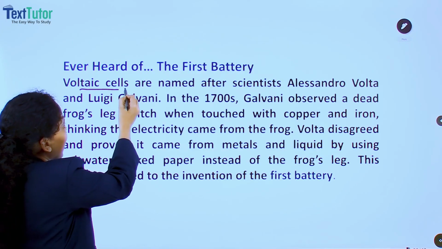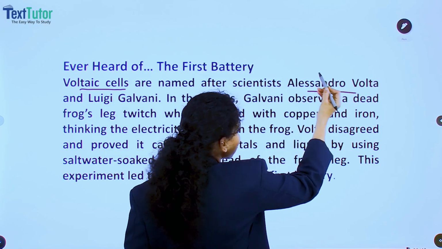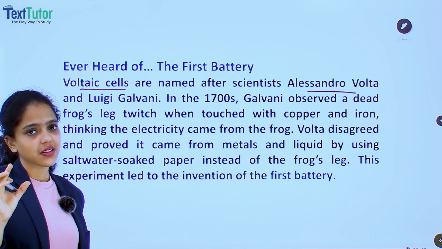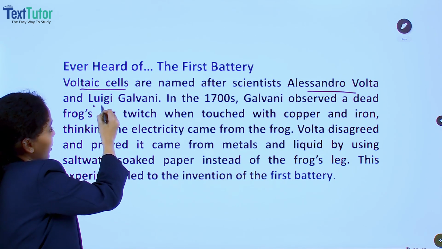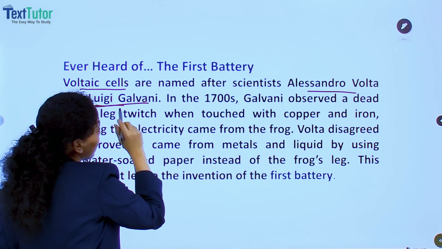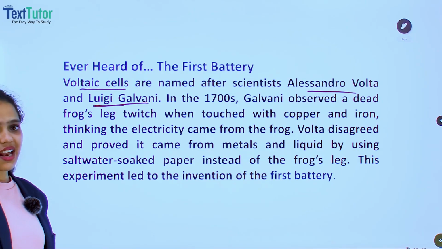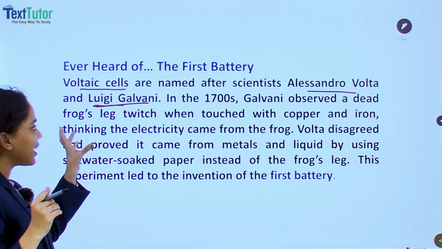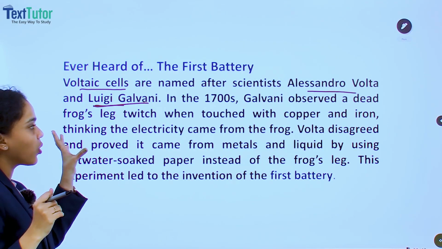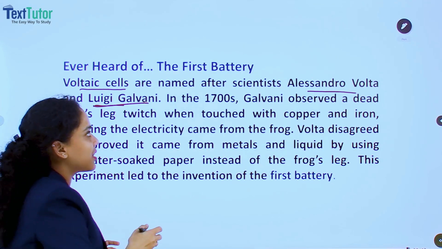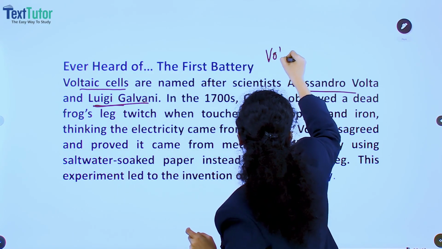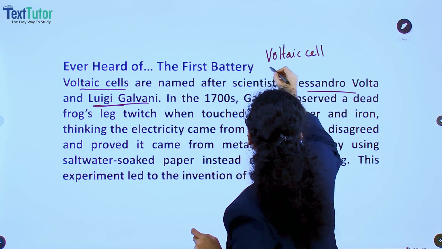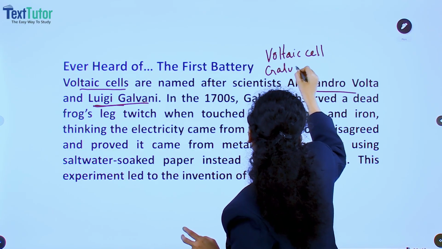So voltaic cells are named after the scientist Alessandro Volta. ആ വോൾട്ട എന്നുള്ള വേർഡ് നിന്നാണ് വോൾട്ടായിക് സെൽ എന്ന് വന്നിട്ടുള്ളത്. ആൻഡ് ലിയൂഗി ഗാൽവാനി. ആൻഡ് ദിസ് ലിയൂഗി ഗാൽവാനി ആൻഡ് അലക്സാൻഡ്രോ വോൾട്ട അവർക്കുള്ള ഹോണറിലാണ് വോൾട്ടായിക് സെൽ എന്നുള്ള നെയിം തന്നത്. വോൾട്ടായിക് സെൽ ആൻഡ് ഗാൽവാനിക് സെൽ എന്ന് സെയിം പേര് തന്നെയാണ്.